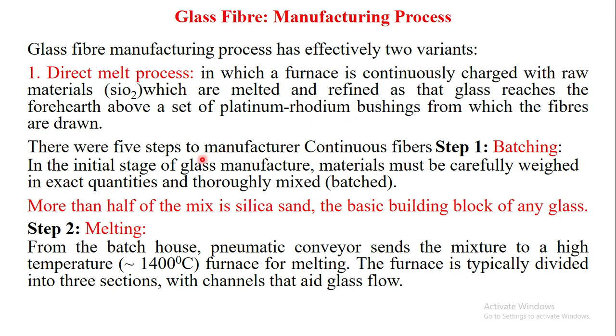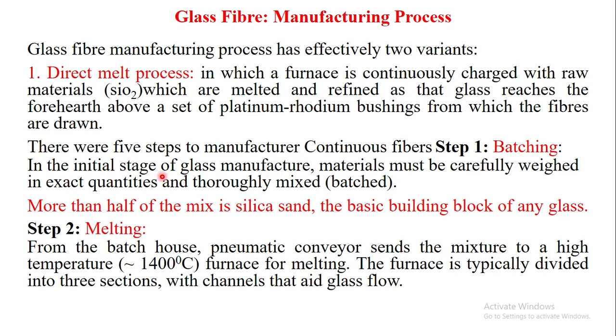There are five main steps to manufacturing the continuous fibers in the direct melting process. The first step is the batching process, which is collecting raw materials from different areas by different mechanisms.